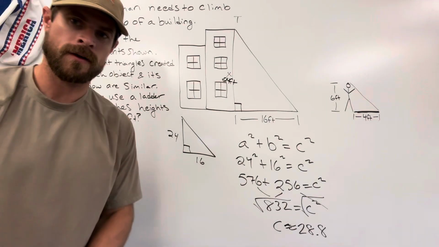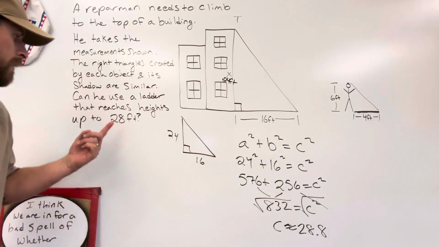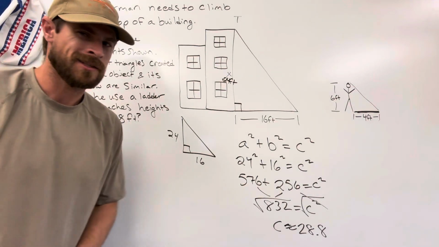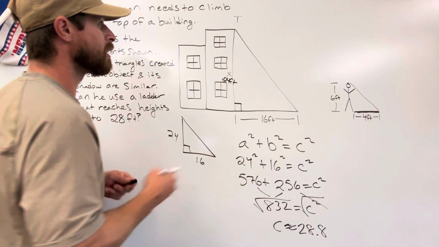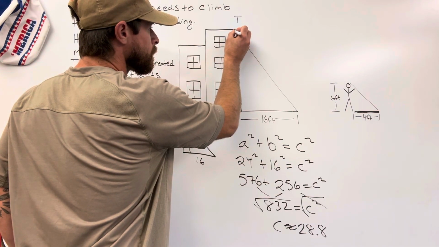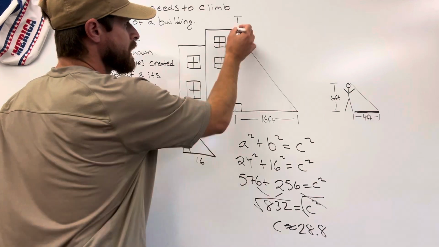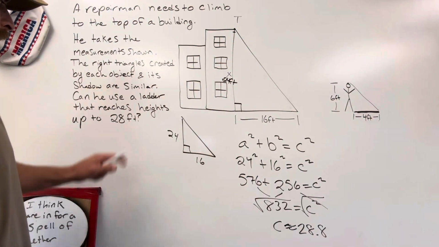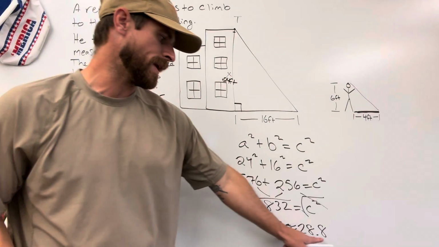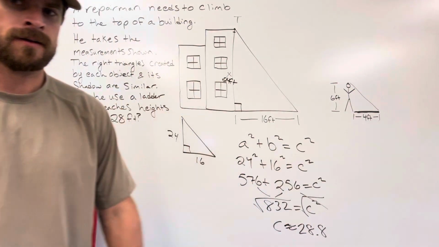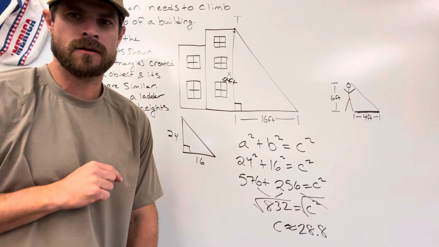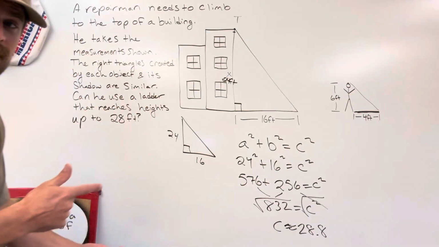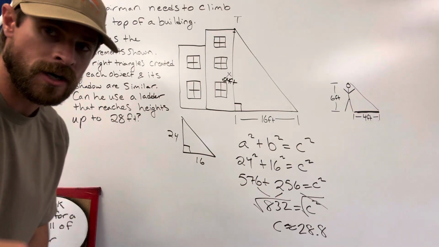Now, remember, my ladder's only what? 28 feet long. So unfortunately, it'll be really close, but we won't make it all the way up to the top. Okay, so a 28-foot ladder will not reach 28.8 feet. Just missed the mark. All right, hopefully this makes sense. Study hard and good luck on your upcoming test.